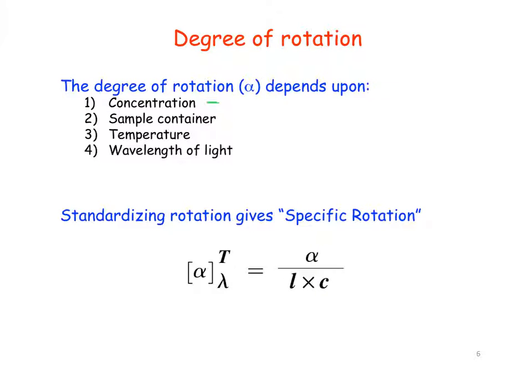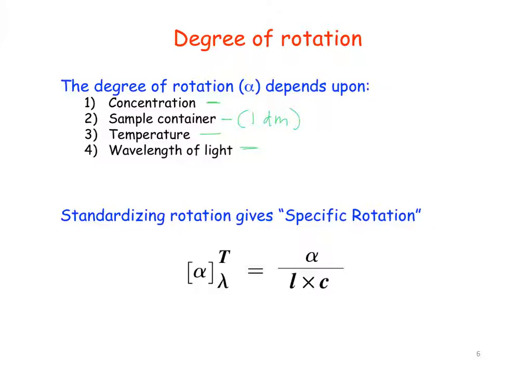The next one is that it depends on the length of the sample container. This is usually in decimeters. So 1 decimeter is 10 centimeters. It depends on the temperature, and it also depends upon the wavelength of the light.